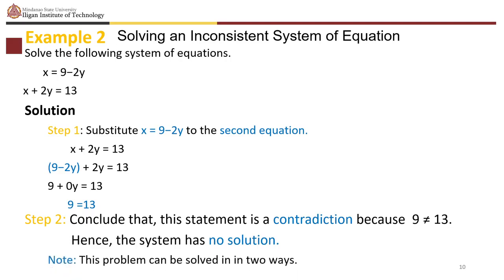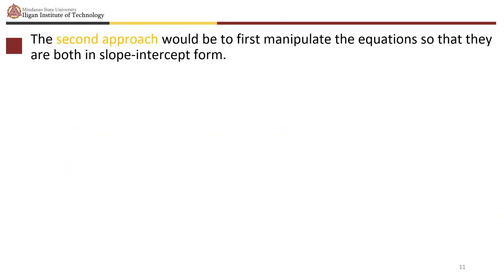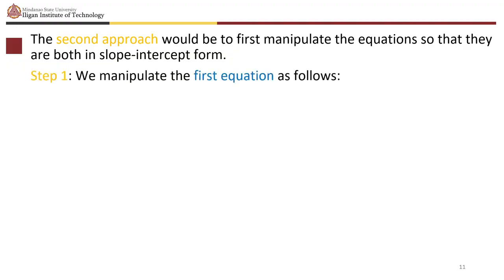Note that this problem can be solved in two ways. The second approach would be to first manipulate the equations so that they are both in slope-intercept form. If you are familiar with the slope-intercept form, it is written as y equals mx plus b, where m is the slope of the line.